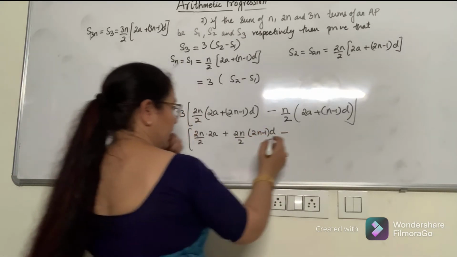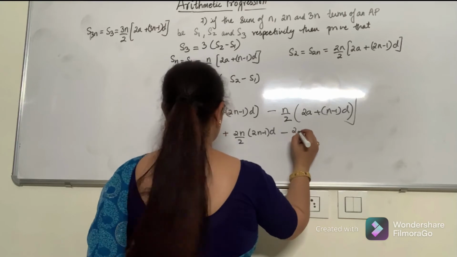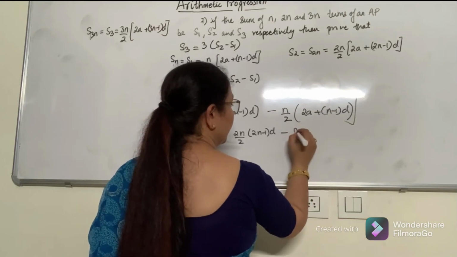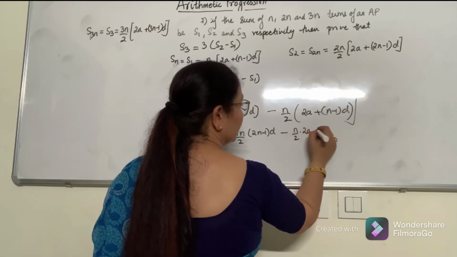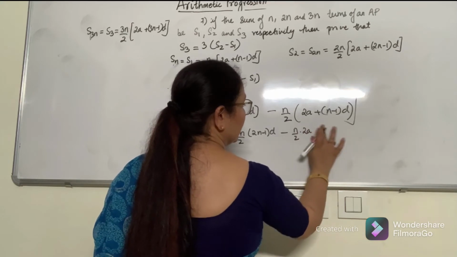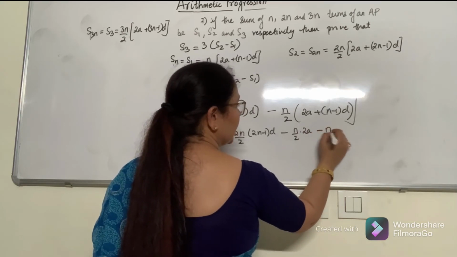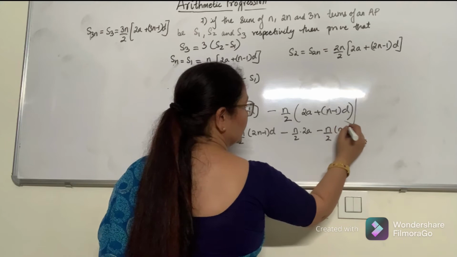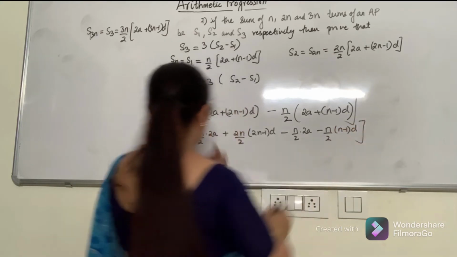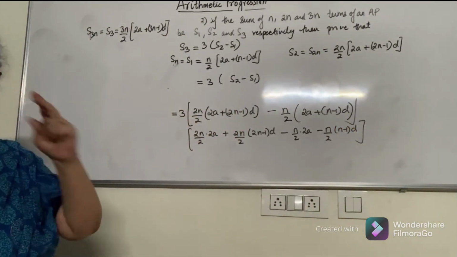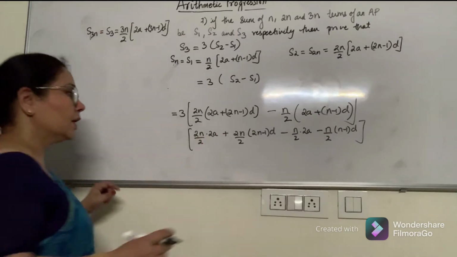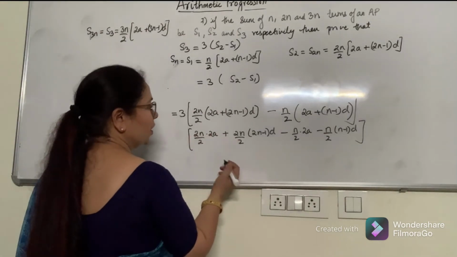Then this is n by 2 dot 2a plus, opening the bracket, minus n by 2 n minus 1 into d. So now I'll add the terms which contain 2a in it, or I can take common also.